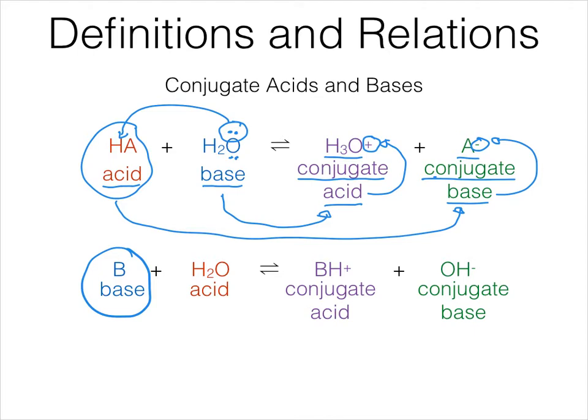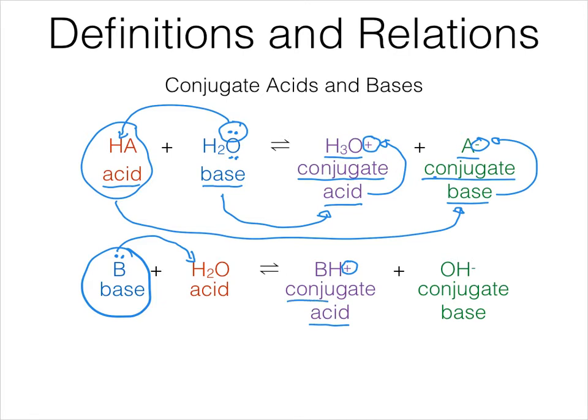Likewise, the base has the same idea. Our base B reacts with water, and this time our base has lone pairs. Our base takes the proton, leaving behind a conjugate acid, and notice it's got to be an acid. It's got a plus charge, because it's giving its electrons to take that H plus from the acid, so that plus charge has to go somewhere.